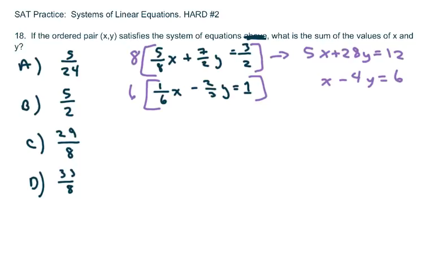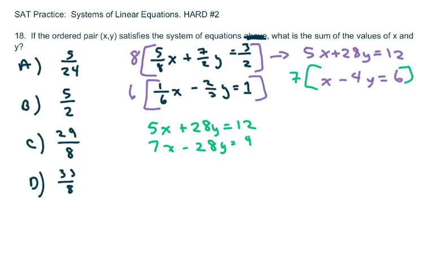Now, if you want, we can multiply this second equation through by 7 and just use elimination. So the first equation is 5x plus 28y equals 12, and the second equation will be 7x minus 28y equals 42.